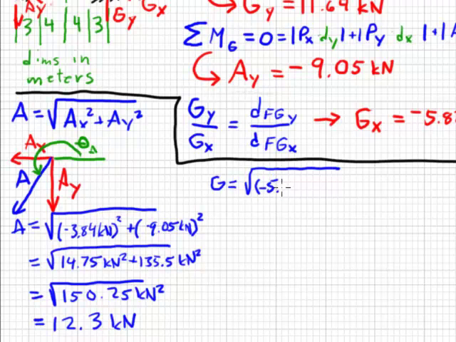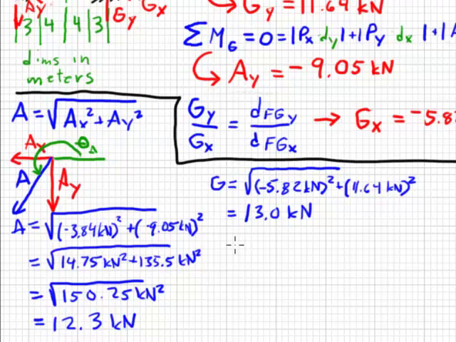Negative 5.82 kilonewtons squared plus 11.64 kilonewtons quantity squared, and G ends up with a magnitude of 13.0 kilonewtons. Now the magnitudes are important, but they're not sufficient. We need to also calculate the angles.